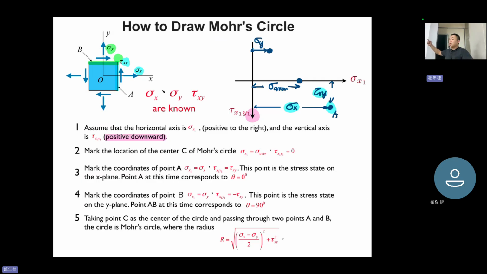I mean, sigma y is tensile, right? But your tau xy now is negative because this green surface has positive new x1 direction. And this is minus y1 direction. Okay, so this is our focus. So it will be minus tau xy.